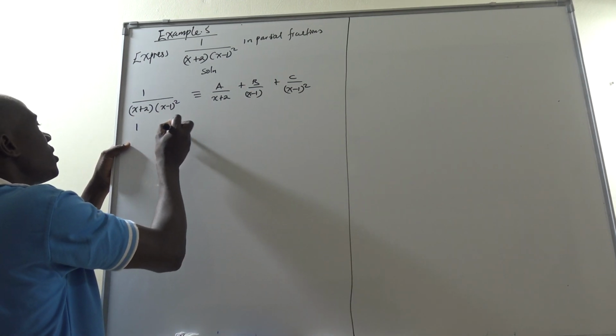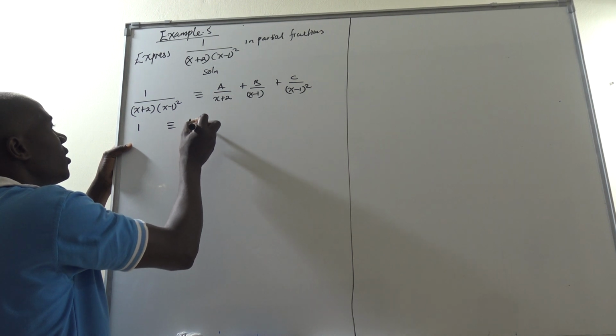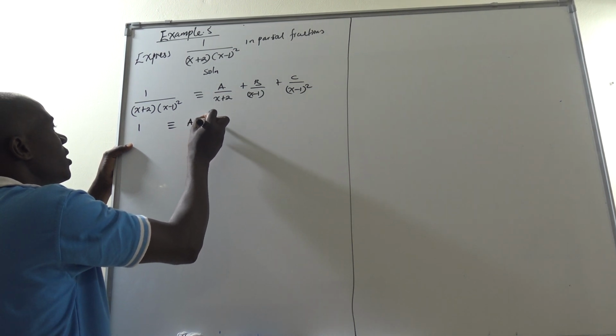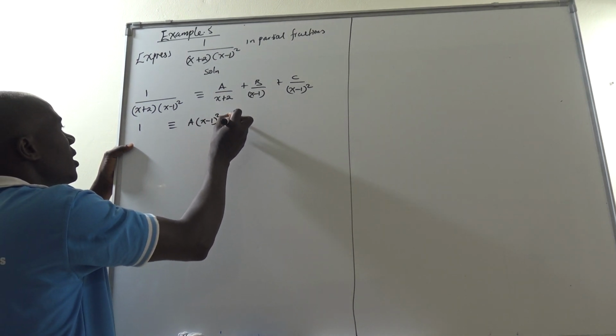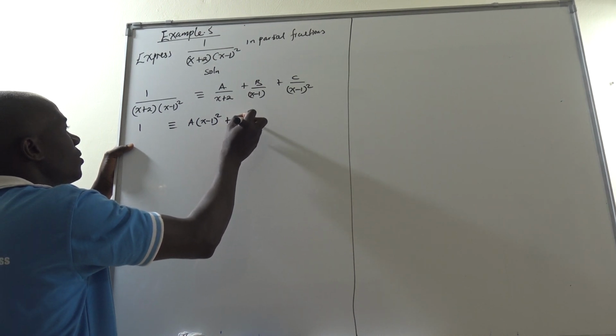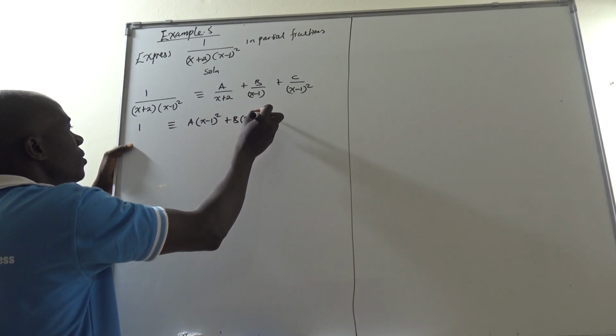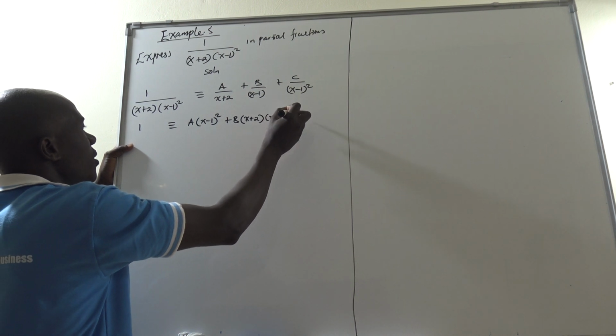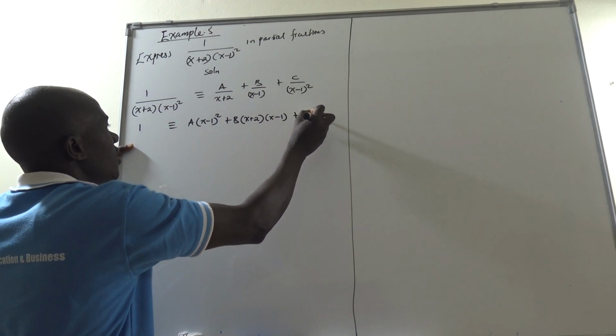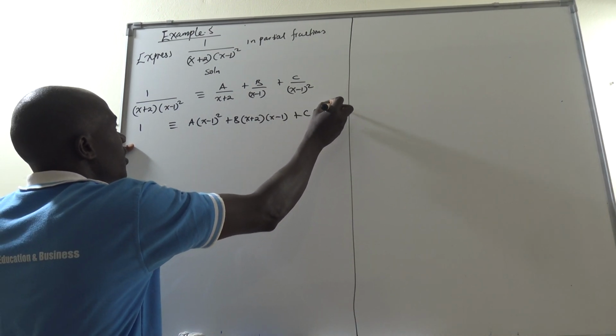This is 1 is the same as A into (x minus 1) squared, plus B into (x plus 2)(x minus 1), plus C into (x plus 2).